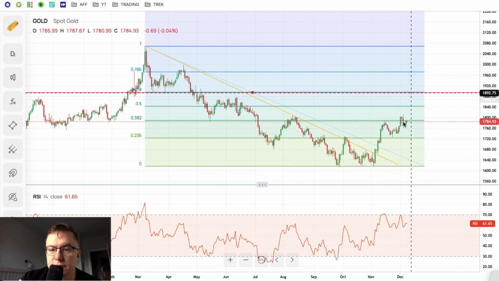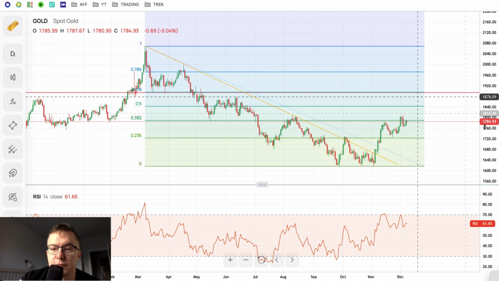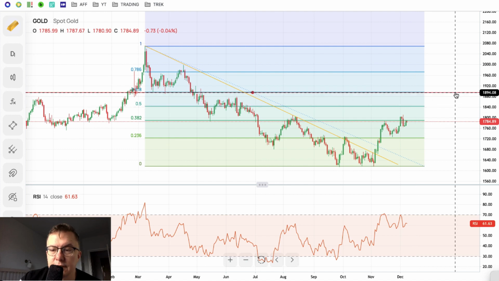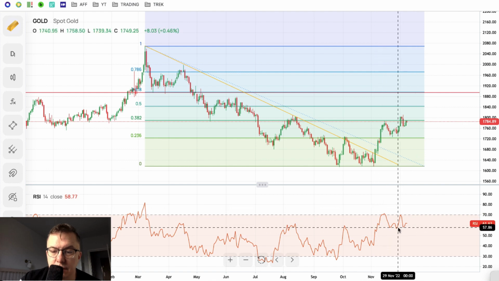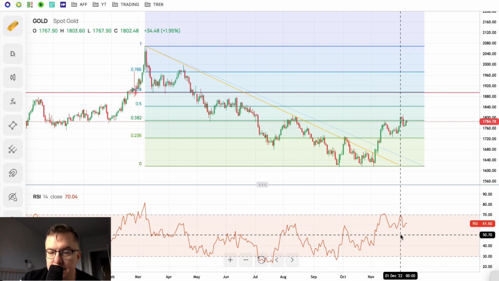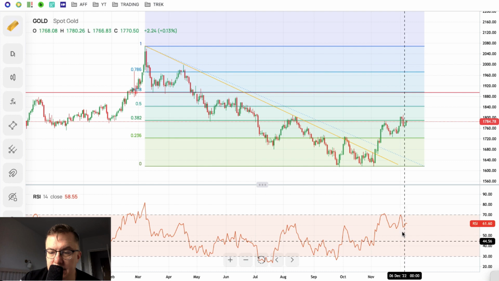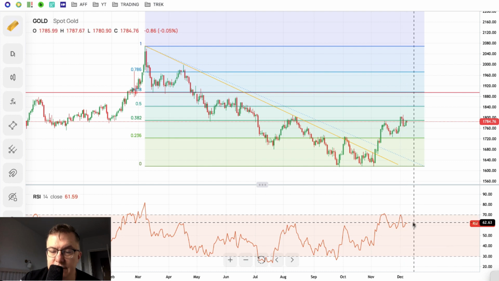If the bulls want to continue higher, they need to break above 1894. So this is the momentum in the upper half of the RSI area. Right now it's 61.60, strong, nice strong positive momentum.